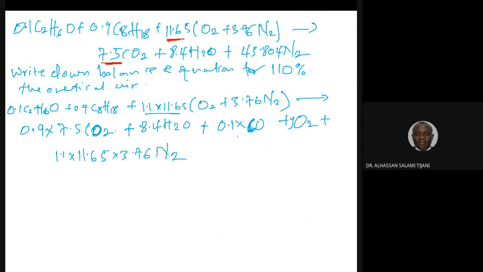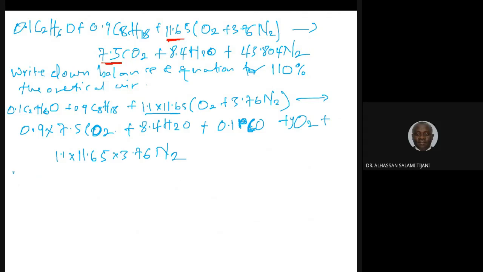Maybe I should use a different notation here, so let's represent this by P. So P amount of carbon monoxide is given. But we know its percentage is 0.1, that's 10%. But for oxygen, we don't know. So first, let us balance the carbon monoxide by balancing only carbon.